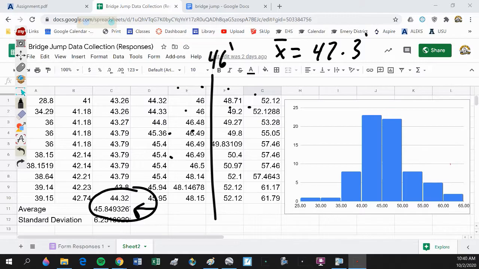So what could we do to find a more accurate measurement of the height of the bridge? Okay, more people. That's always good. Add more people. There actually is a specific thing in statistics where too many people is a bad thing, but this isn't it. What else can we do?